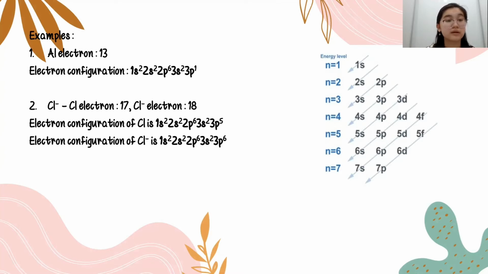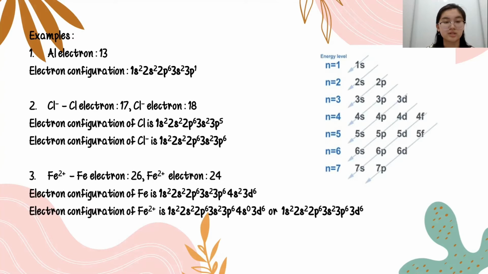Here the parent atom is chlorine. It has 17 electrons. So first we make 1s2, then 2s2, 2p6, 3s2, and then 3p5. Then in the chloride ion, the electrons are 18, so we need to add 1. So 1s2, 2s2, 2p6, 3s2, and then 3p6.